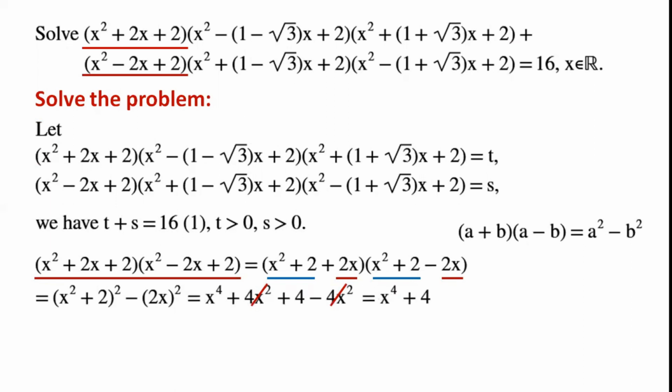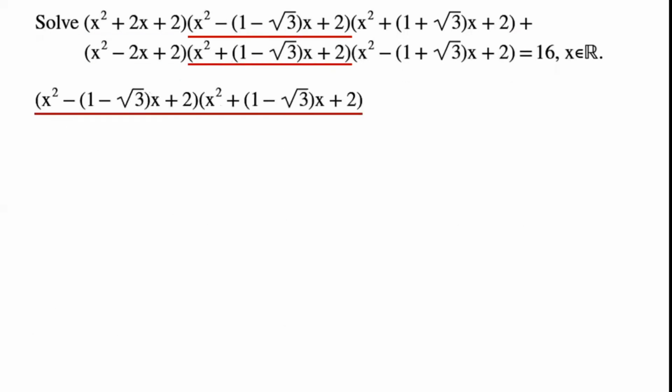So we can now write x to the power of 4 plus 4. Thus, x squared plus 2x plus 2 times x squared minus 2x plus 2 can be written as x to the power of 4 plus 4.